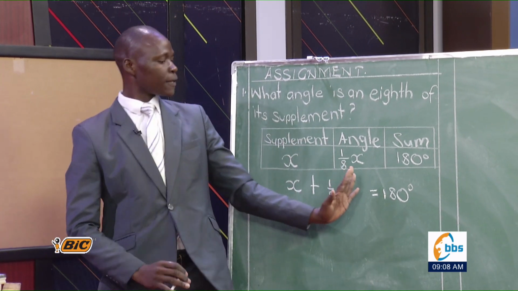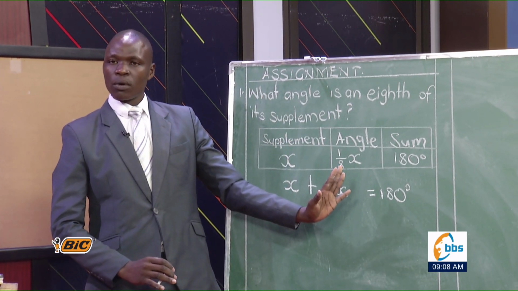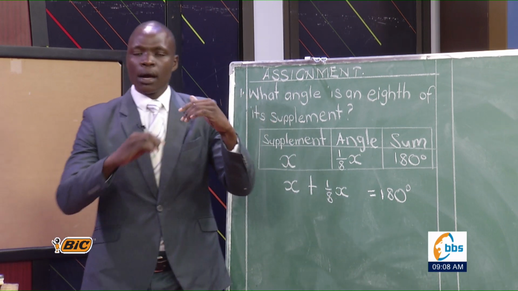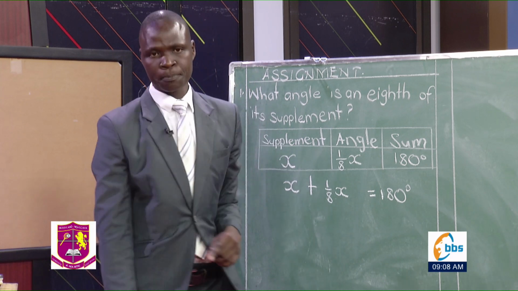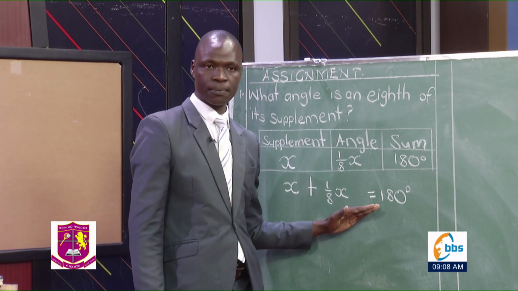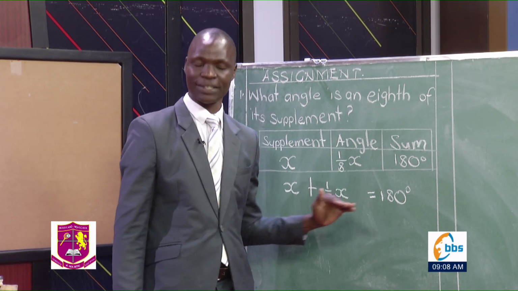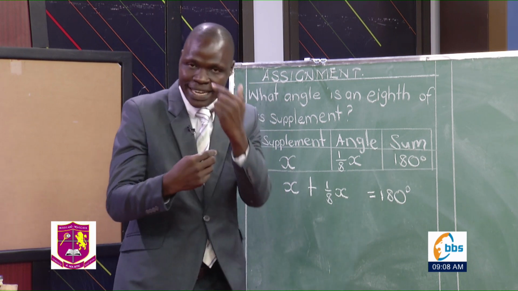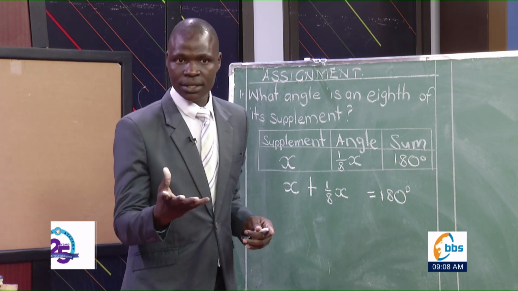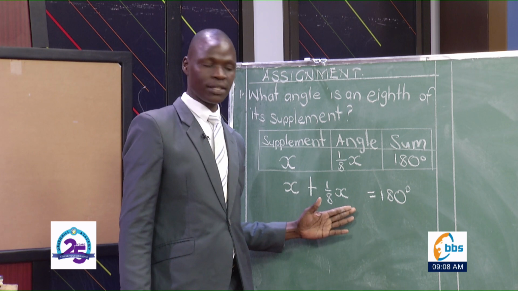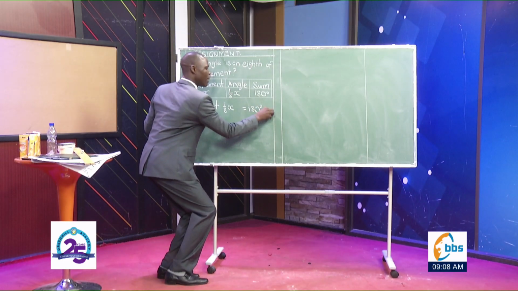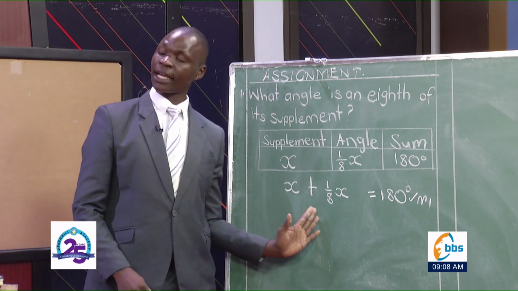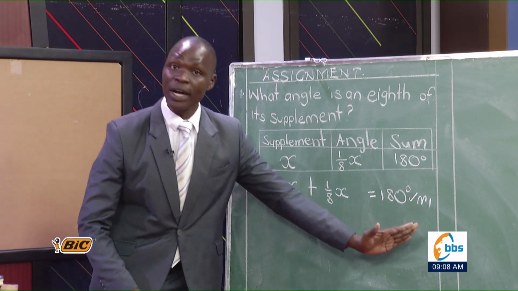Only this reasoning, you'll be awarded with a method mark 1 for this effort. Mathematics has marks. Any slight reasoning, you get a mark. They appreciate your effort. That is fantastic. So you will get your method mark 1 for the correct formation of the equation.